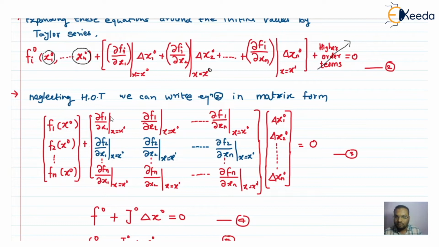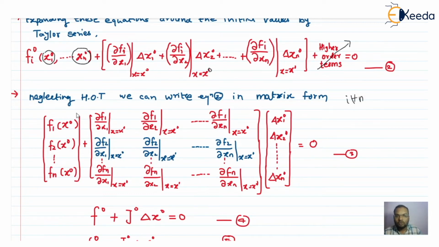Plus, here we have to take the partial differentiation of f_i. First we start with i equal to 1, because we have to consider all values of i, from 1 to n.